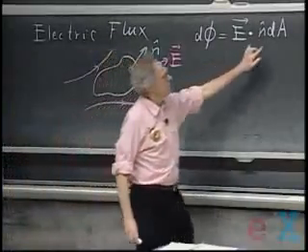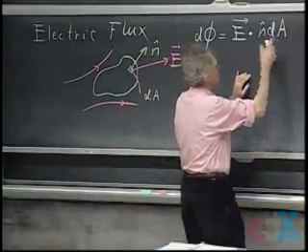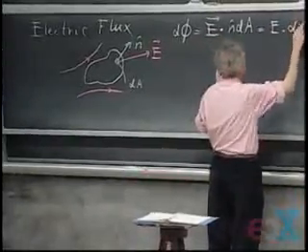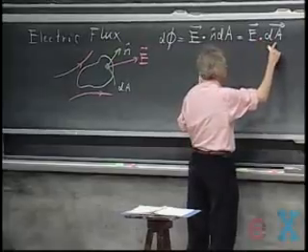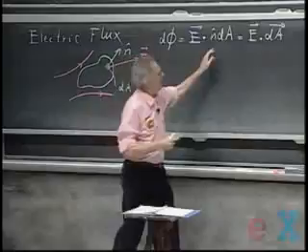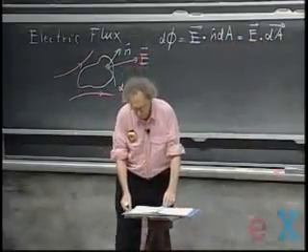Now our book will always write for n-hat dA simply dA. So I will do that also, although I don't like it, but I will follow the notation of the book. So this vector dA is always perpendicular to that little element dA, and it has the magnitude dA.